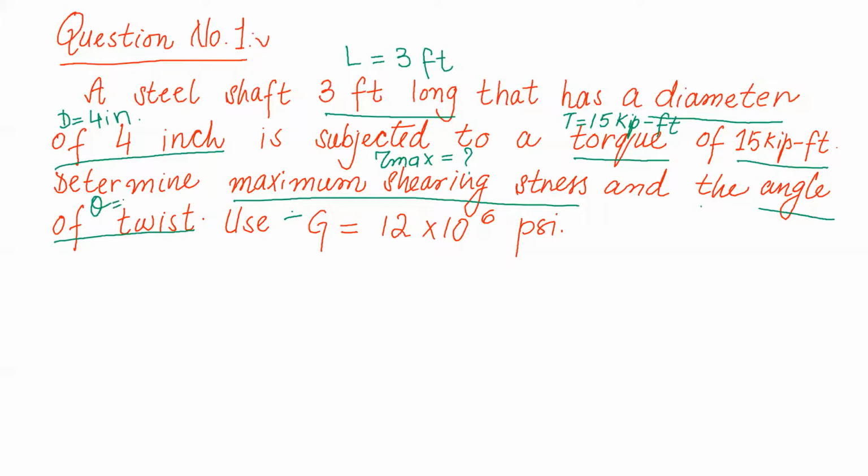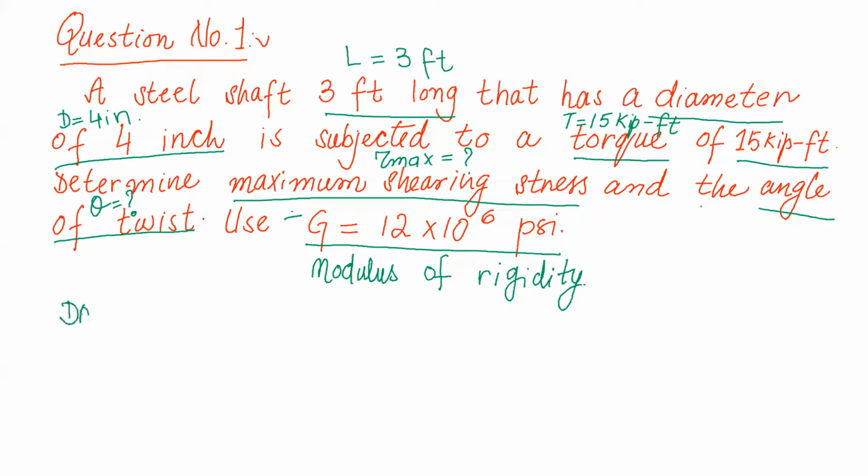Two things are required, and G is also given, that is the modulus of rigidity. It is not written over there, but G represents modulus of rigidity. So first we have to write down the given and required data, as we did earlier in intermediate. So let's have a look, and I am going to write down the data. What are the things given?